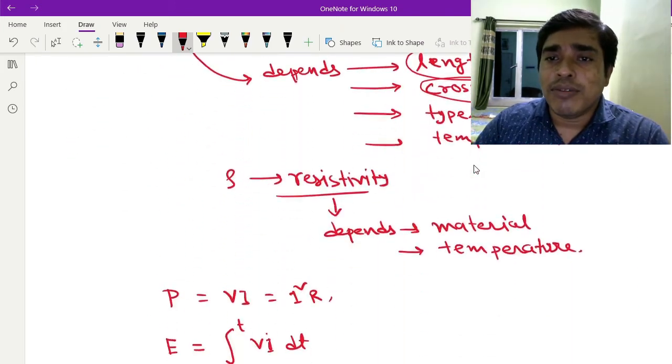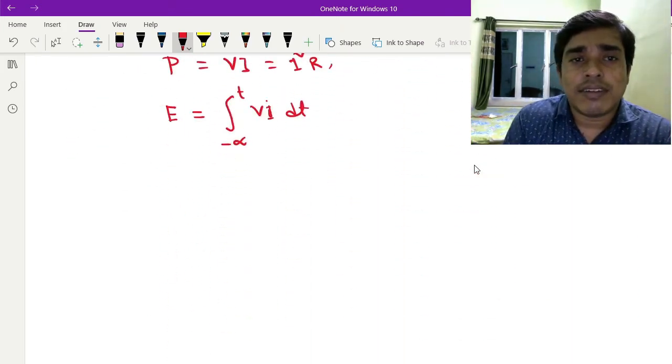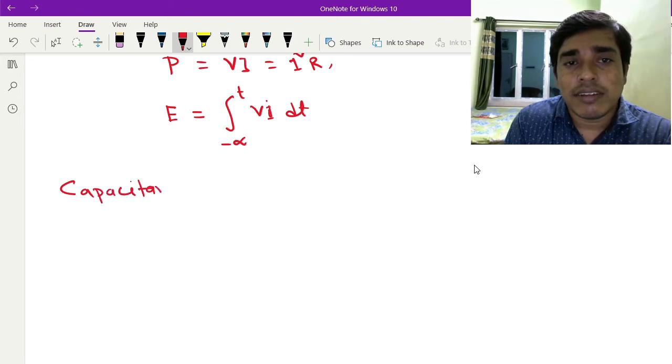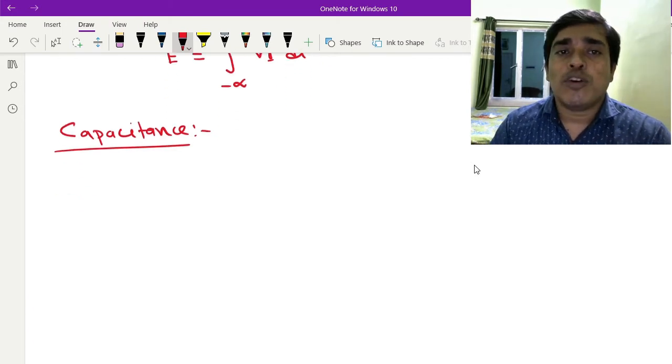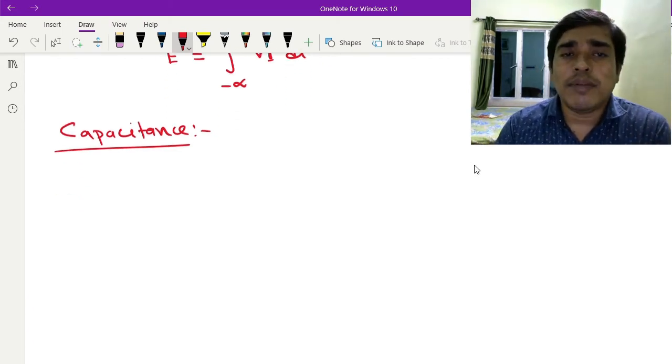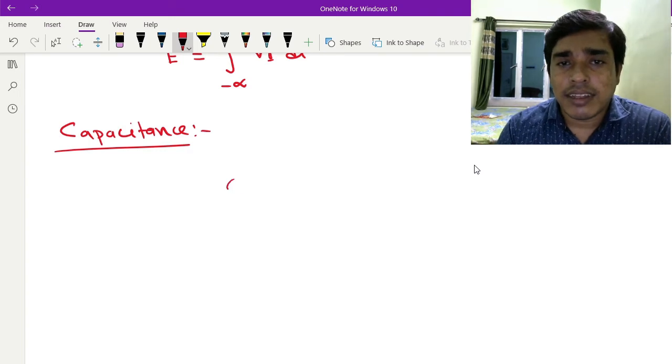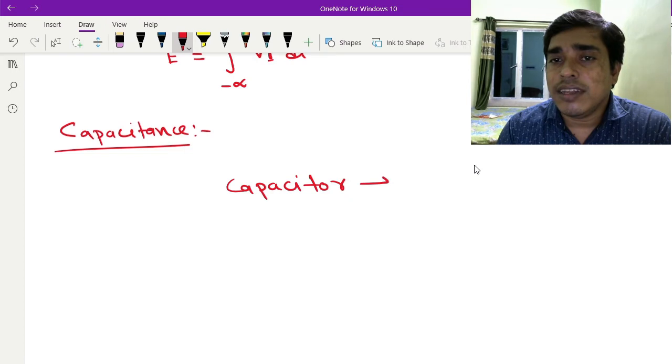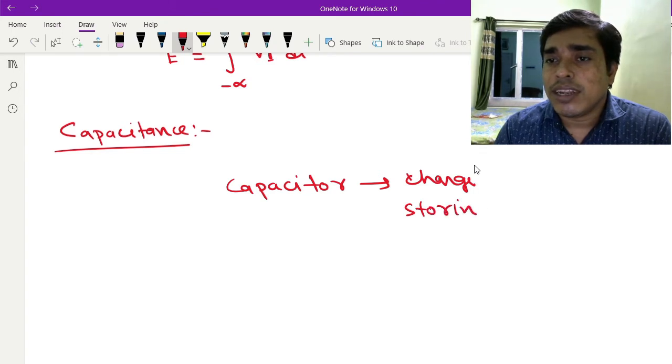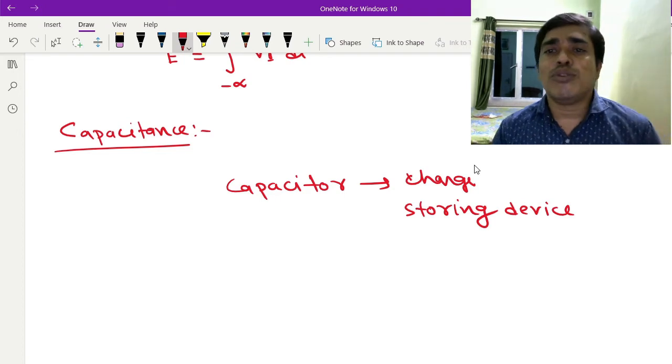Now, what is capacitance? A capacitor is a charge storing device. It can store charge.